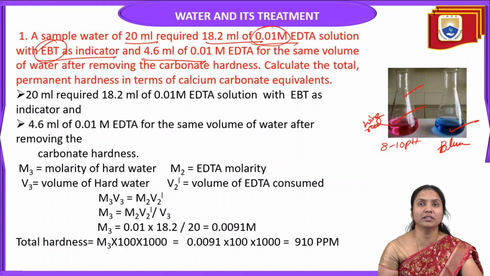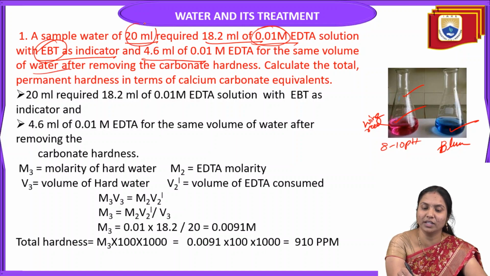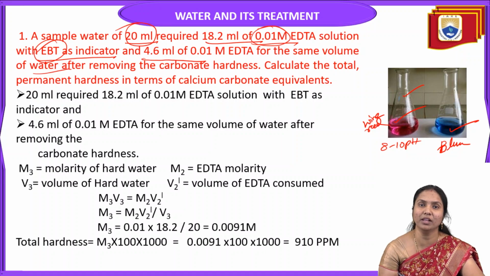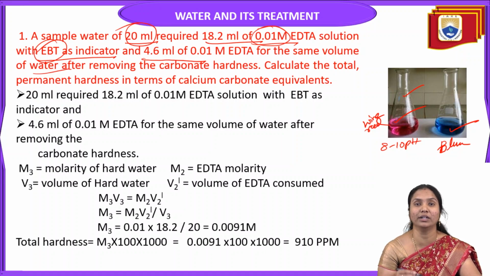So in the second case, the molarity of EDTA is 0.01 and the required EDTA is 4.6 ml, for the same volume of water. In the first case we take 20 ml, and in the second case also 20 ml.